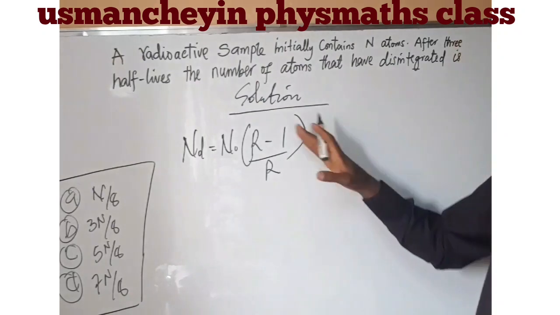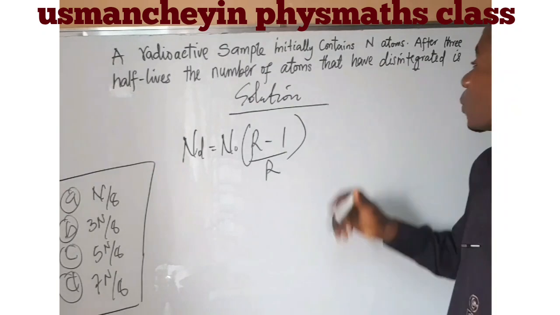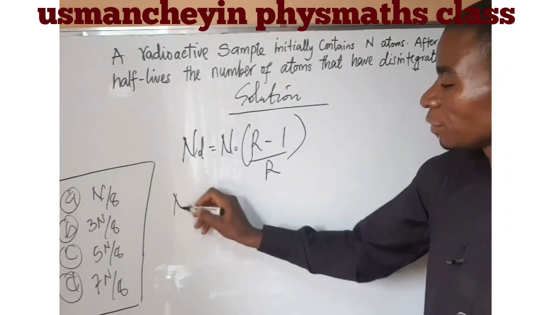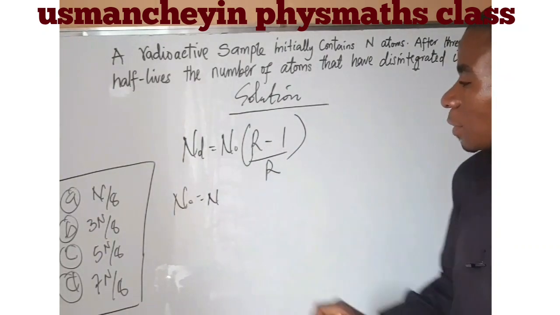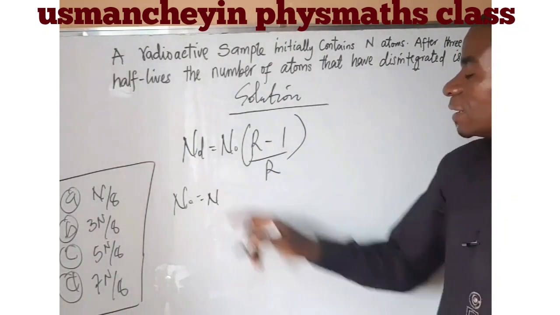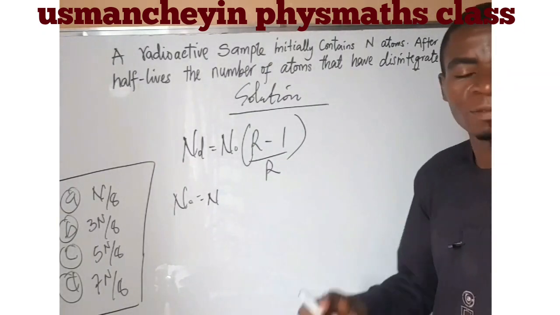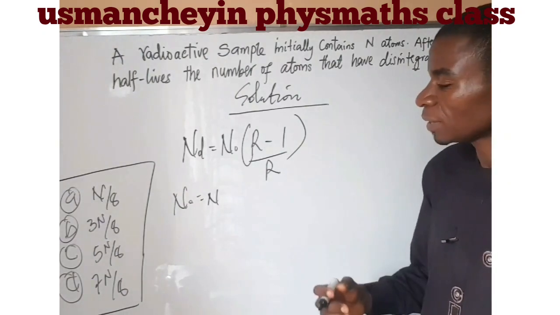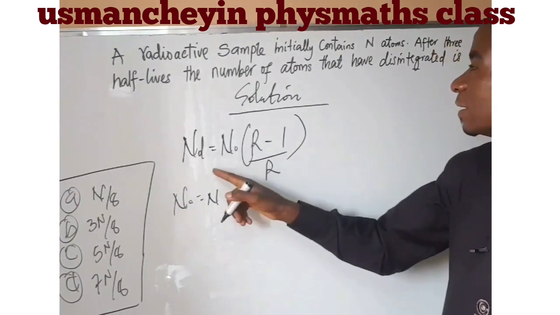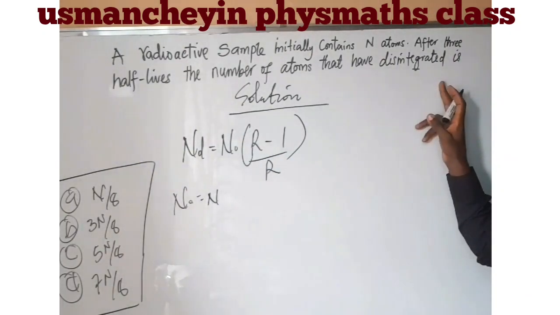All right, so we must go through the question and pick out our data. From the question here, our N naught is given as N. Then this N_D is what we call the decayed sample, the sample that has already decayed, or in other words, disintegrated.